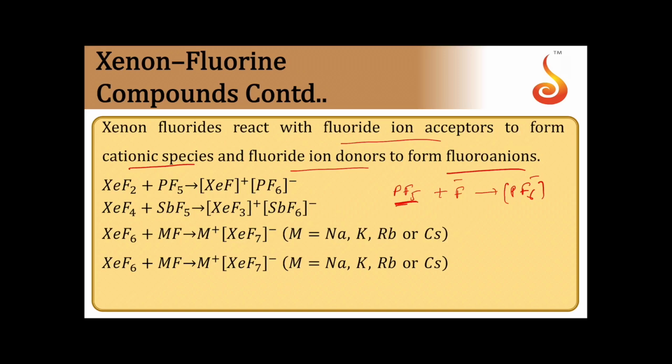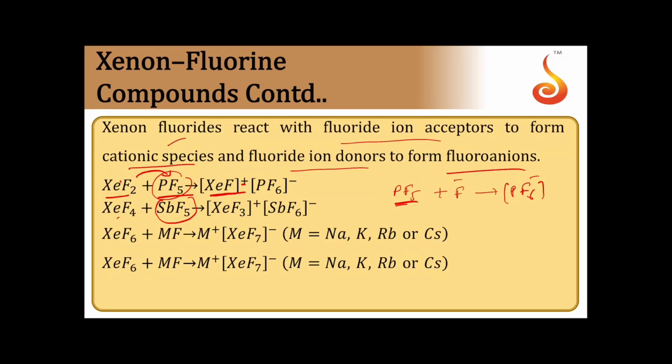In the reaction between XeF2 and PF5, PF5 accepts F minus, thereby XeF plus, the cationic species, is formed. So with fluoride ion acceptors like PF5 and SbF5, the xenon fluorides exist as cationic species.